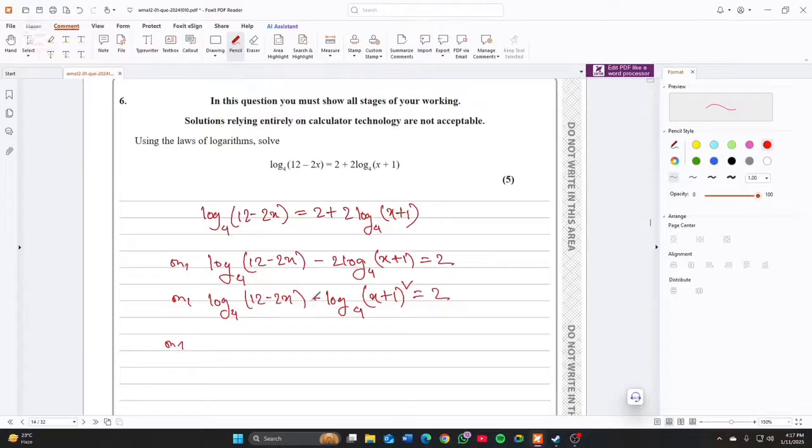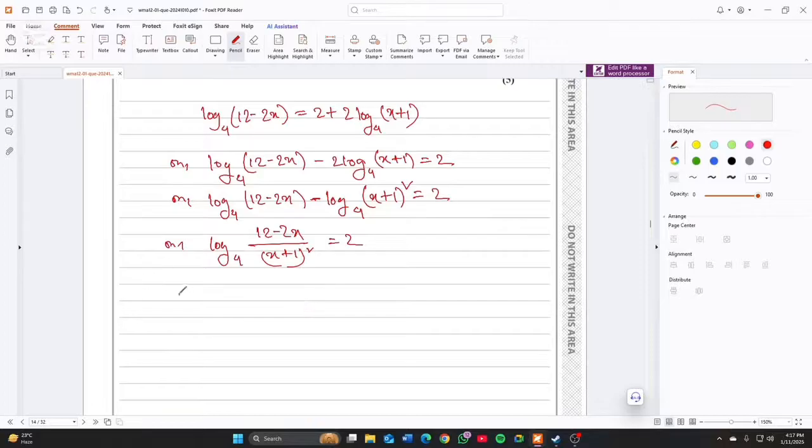Now since we have a subtraction between two logs, we can just divide these two terms. So log 4 of 12 minus 2x divided by x plus 1 whole square is equal to 2. Now we can break down the log.